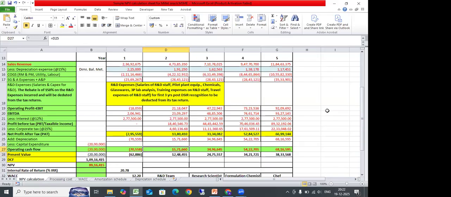Now we calculate the discounted present value of future cash flows, and in that we take WACC as our discount rate. WACC is 12.2%, which we have taken as the discount rate.